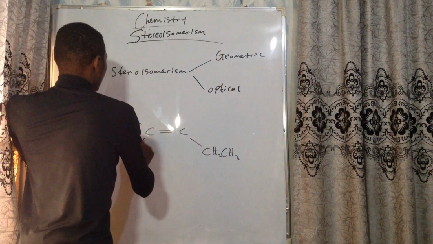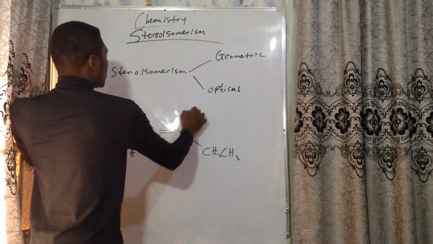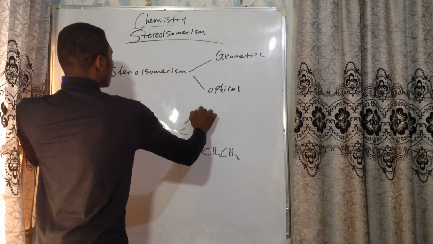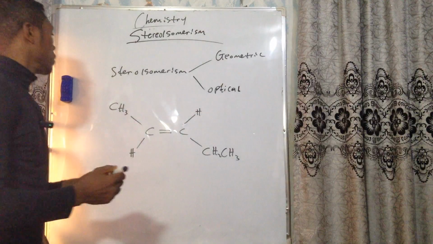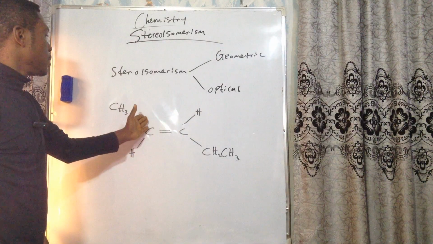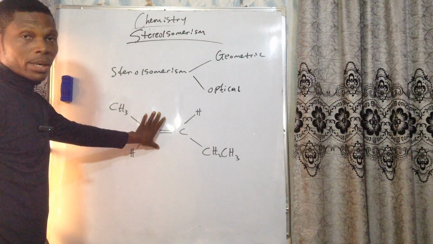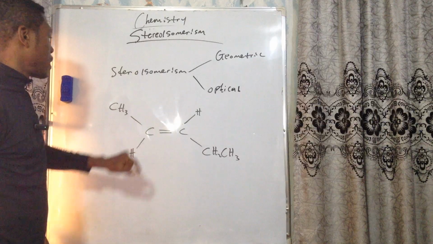Now we have here hydrogen, we have here hydrogen. So this is a geometric isomer.